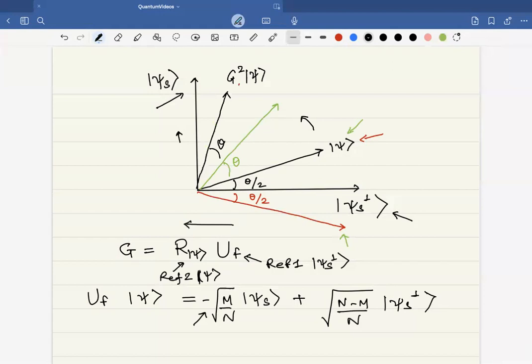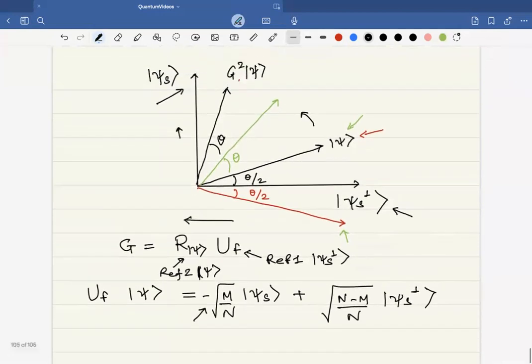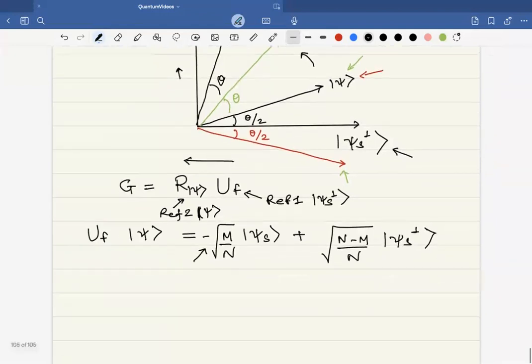And so the question is, how many applications of G do I need to reach close to the solution space? Now, if I take R as the number of rotations, and each rotation gets me further along by an angle theta, this should be less than or equal to pi over 2.